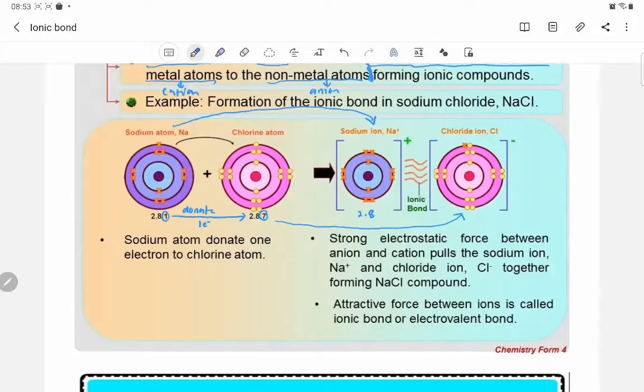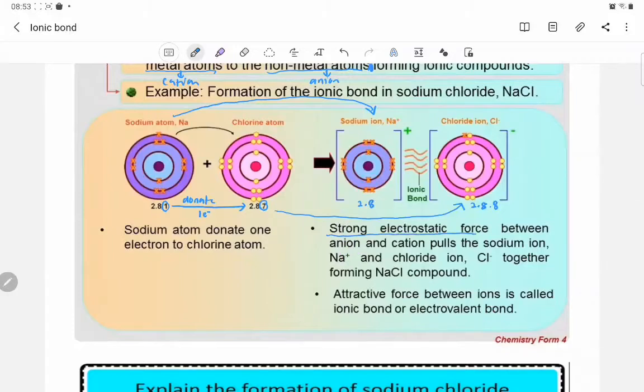And then for chloride ion, the electron arrangement is 2.8.8. Different from the chlorine atom, where it accepts the one electron. So it means that the valence electron and the valence shell of chloride ion already achieve stable octet electron arrangement.